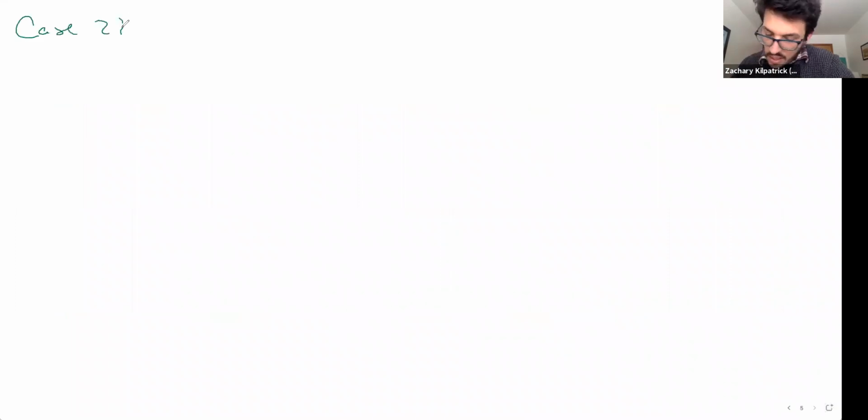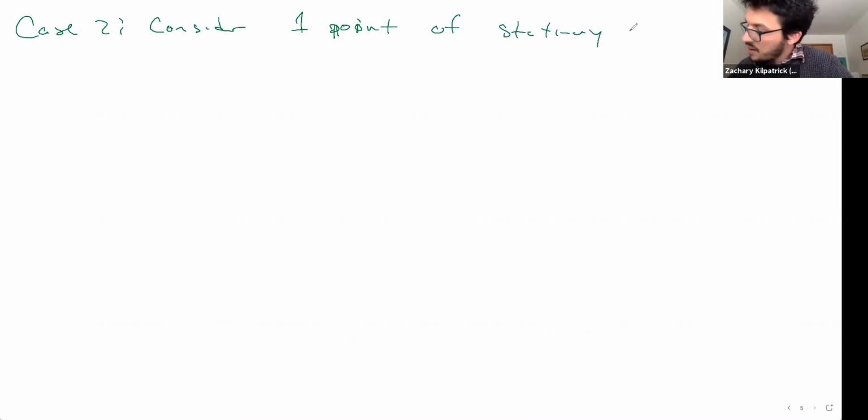Case 2, on the other hand, is if we consider one point of what's called stationary phase, and we'll say at t equals a without loss of generality.